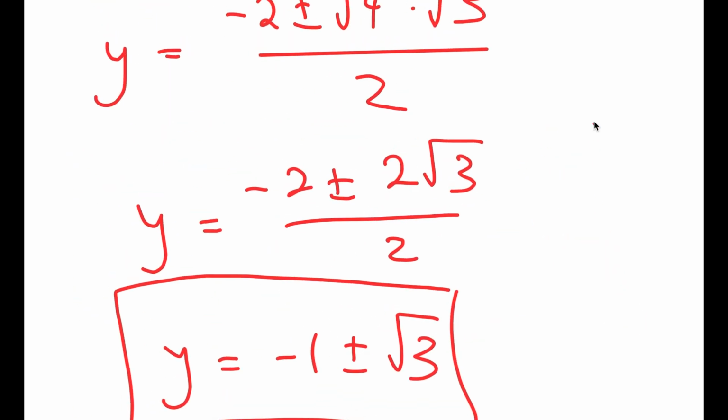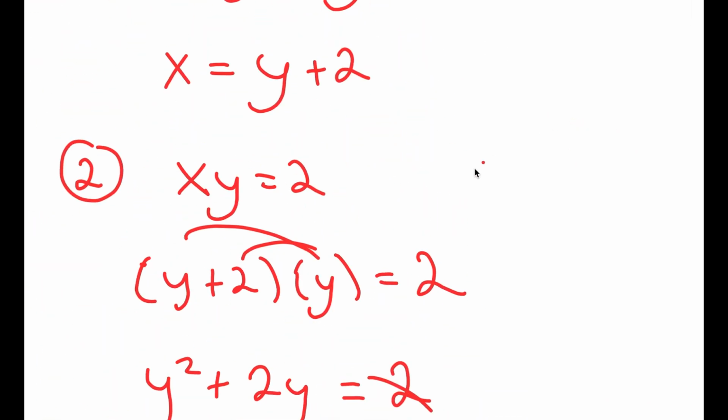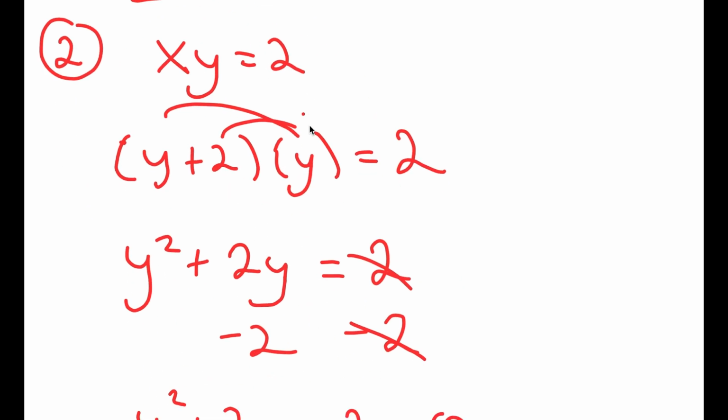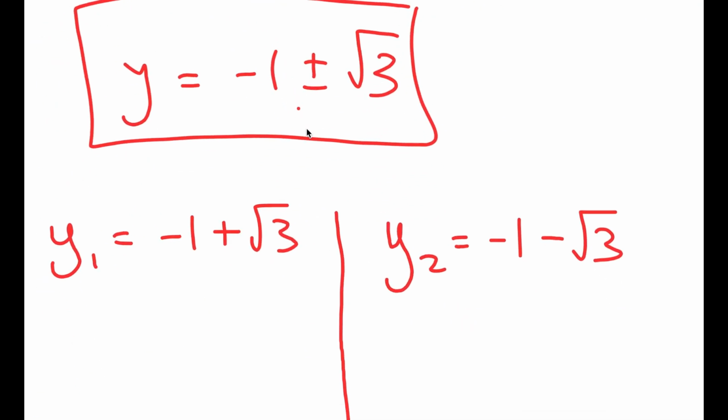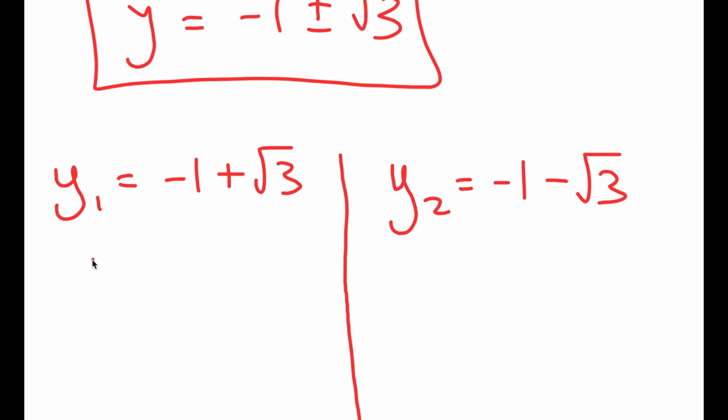So from here, recall how, going back, we said that x is equal to y plus 2. Remember how in a system of equations, we need to find the values of both x and y for it to be a solution. We can't just find the value of y and say that's the solution. So we also need to find the value of x, and we know that x is equal to y plus 2.